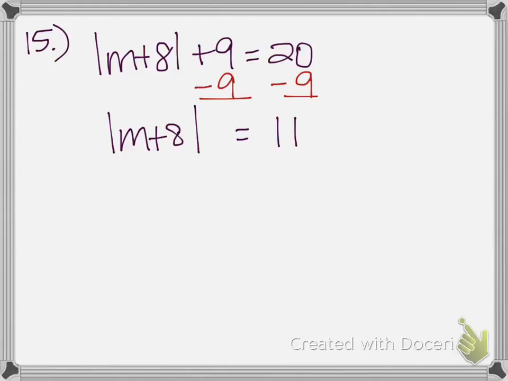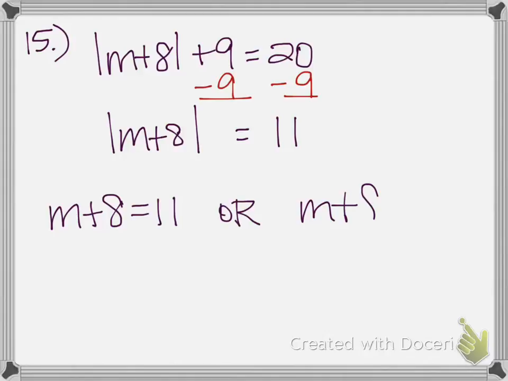So what's inside the absolute value symbols could equal positive 11, or what's inside the absolute value symbols could potentially equal negative 11. So this gives me 2 mini equations to solve.